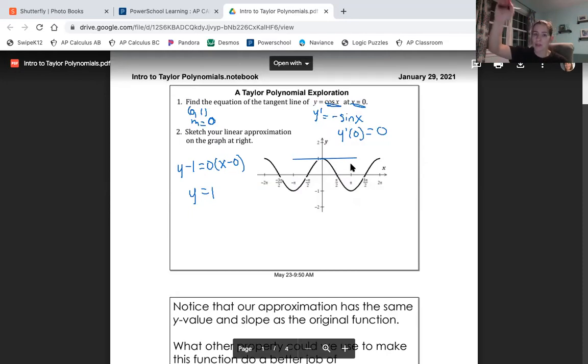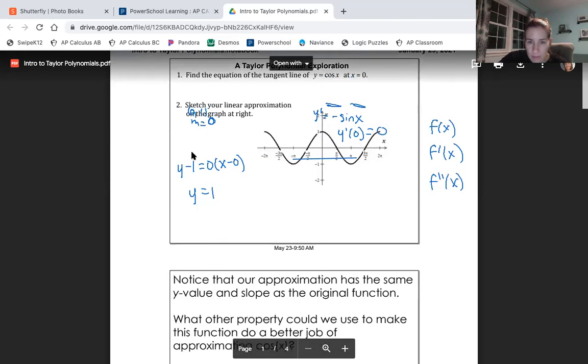The y value is just the value of f of x, and the slope is the value of f prime of x. Well, maybe let's look at what f double prime of x could add to this function. It could add some concavity, and maybe that could do a better job of approximating cosine.